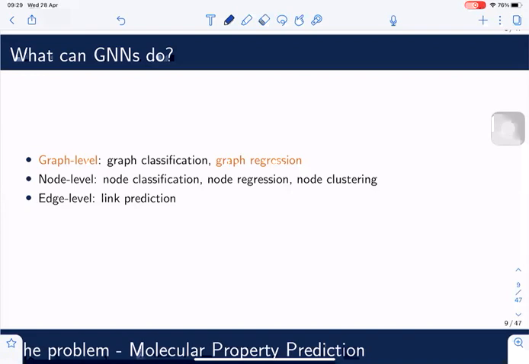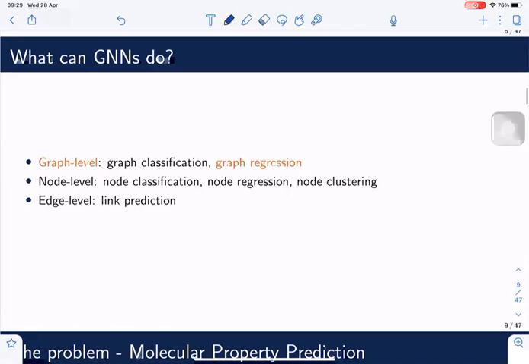You can also do node classification and clustering. And in the last one, you can do edge level prediction. Like if you have a social network graph, you can predict between two people their relations, like families, partners, colleagues, or something like that.